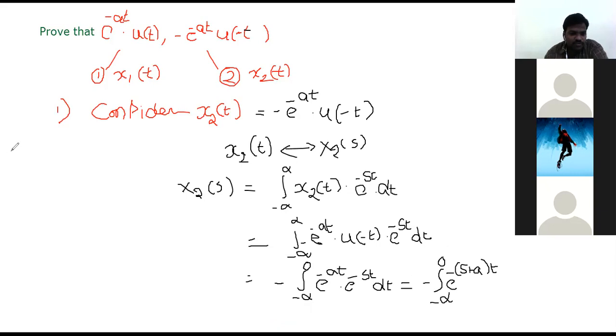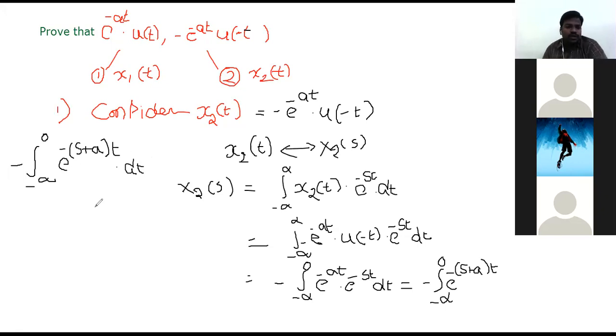Here I am writing it as minus of the integral from minus infinity to 0 e power minus of s plus a into t into dt.